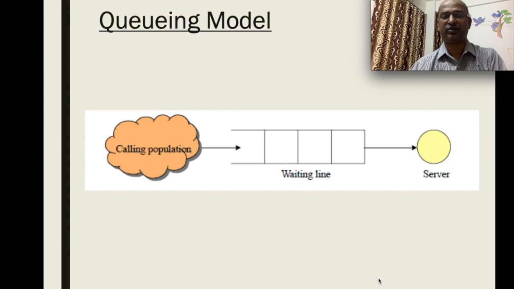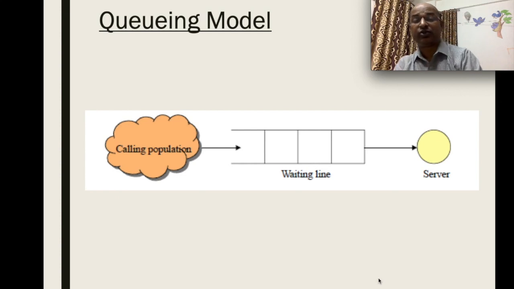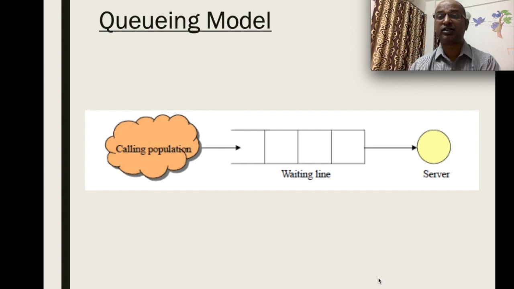Queues are everywhere: going to a coffee shop, waiting to buy a ticket to a concert, a railway platform, security checking at airports, and so on. So there is a calling population.